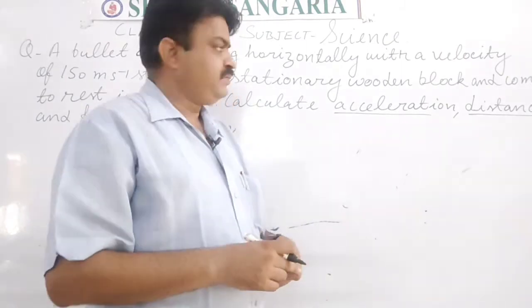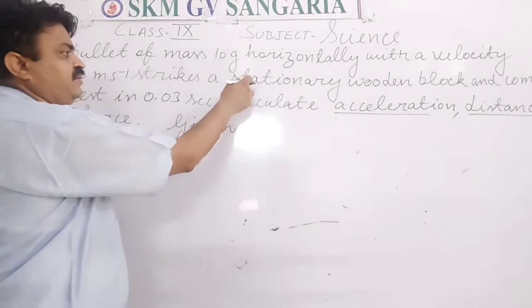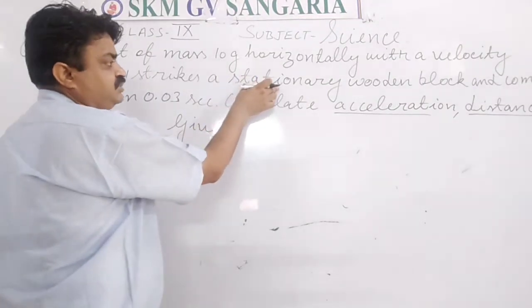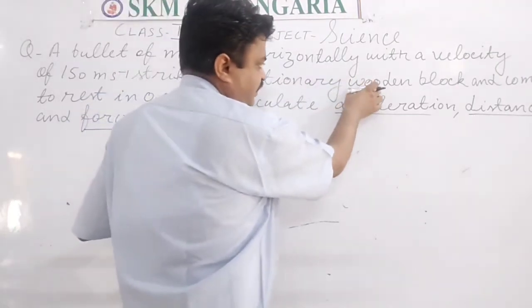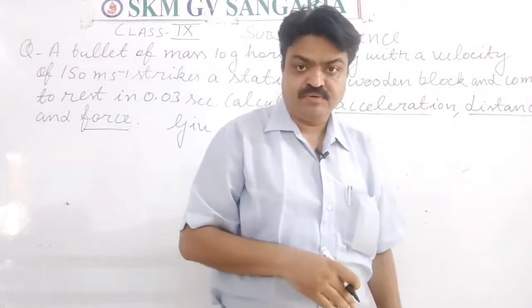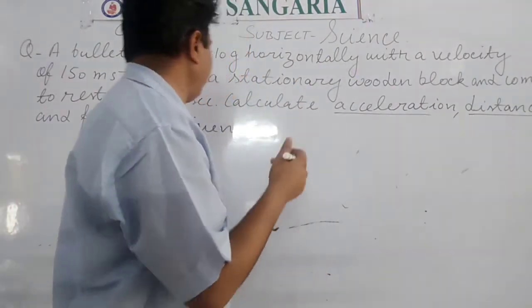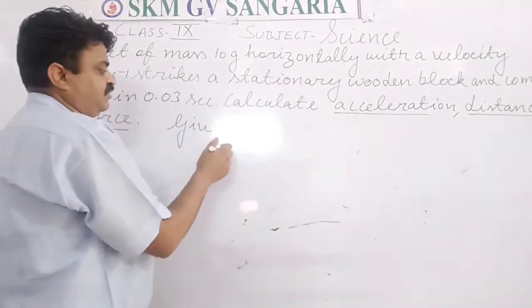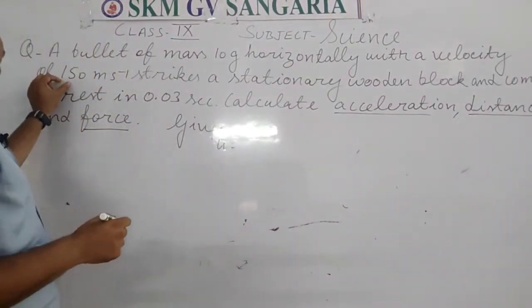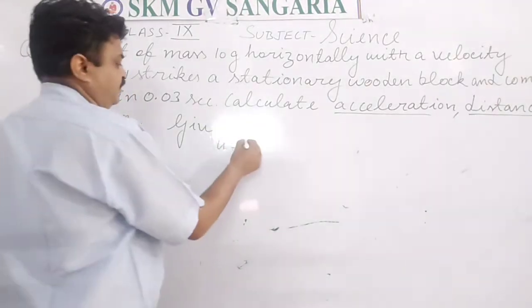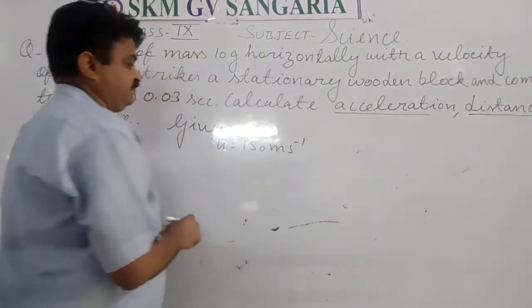It is initial velocity, student, because the final velocity becomes 0 when the bullet comes into the wooden block and it is fixed. That's why the final velocity becomes 0 here, but initial velocity is given. It is 150 meter per second.